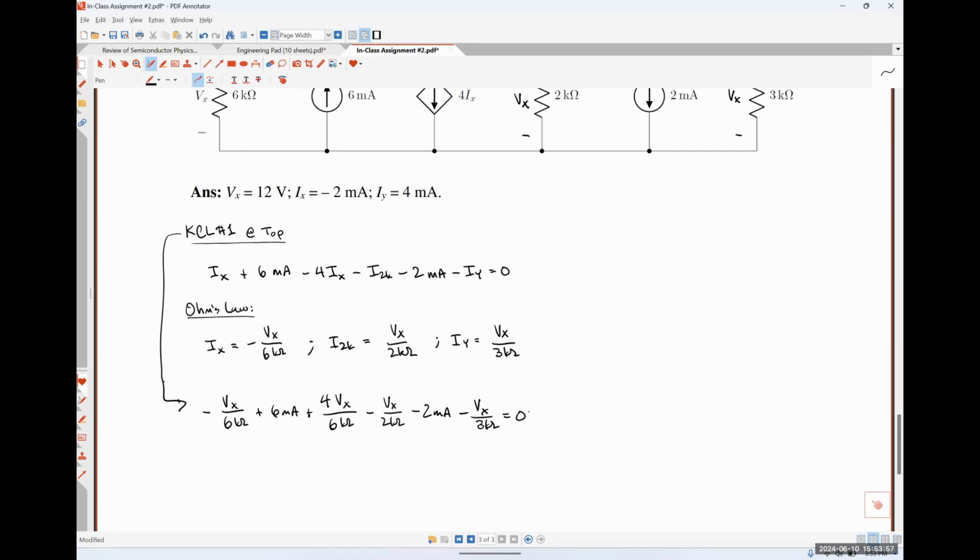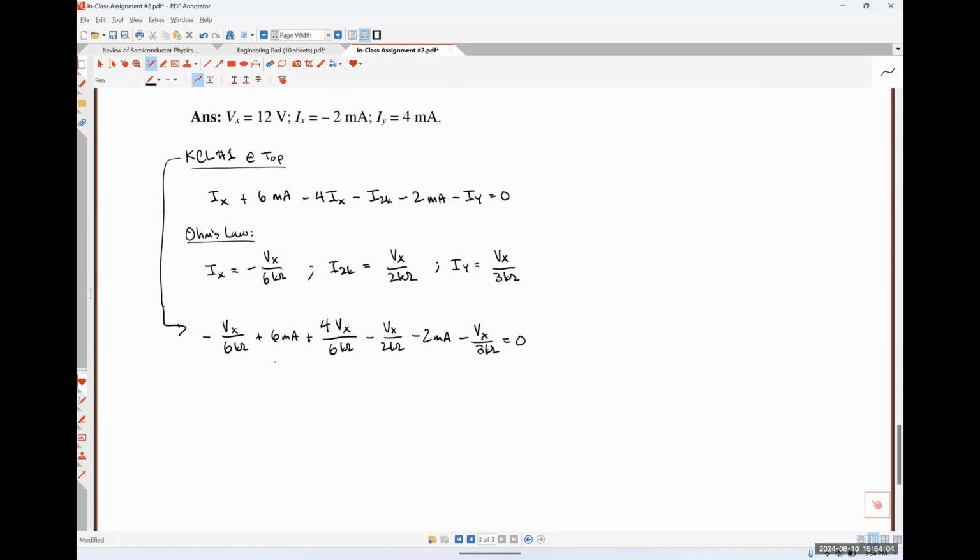Oh, my calculator ran out of memory, so I'm going to have to lump some things together here really quickly. So I have minus Vx over 6k plus 4Vx over 6k. So that's going to look like 3Vx over 6 kilo ohms minus Vx over 2 kilo ohms minus Vx over 3 kilo ohms is equal to negative 4 milliamps, if I did my algebra there correctly.